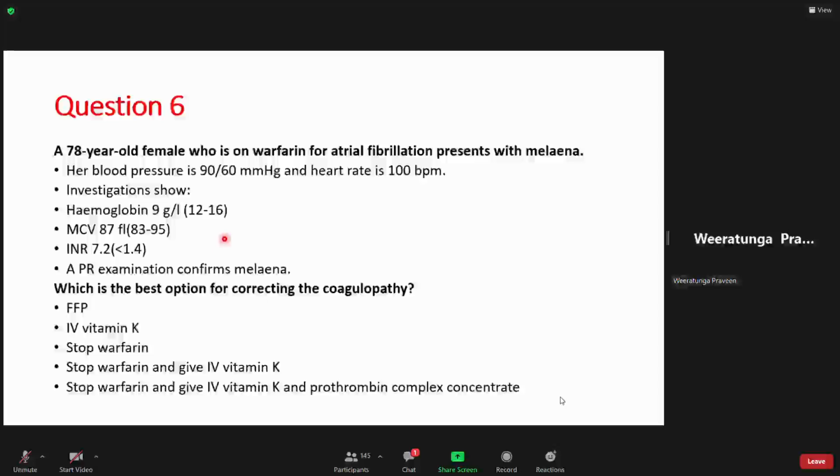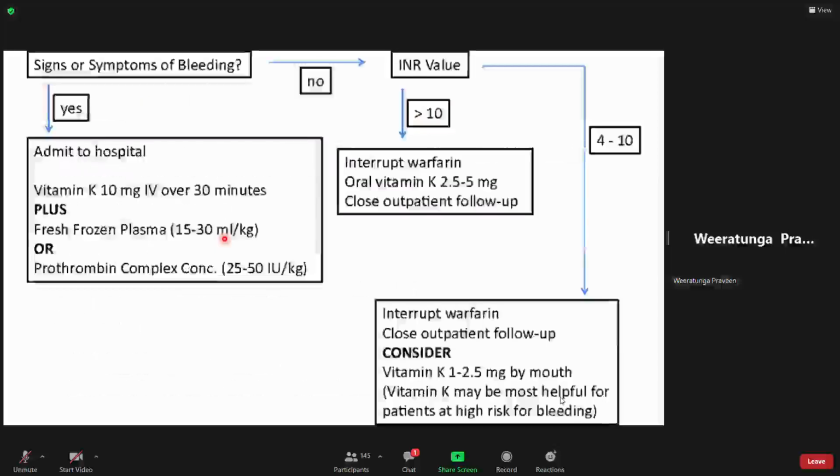Then there is no other story: stop the warfarin, give vitamin K, and give prothrombin complex concentrate to get the clotting factors back to normal. If you don't have prothrombin complex concentrate, give FFP.